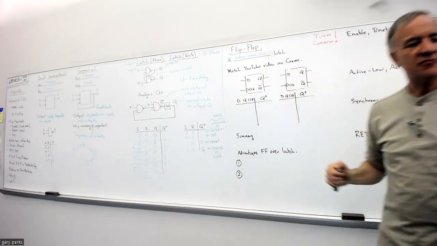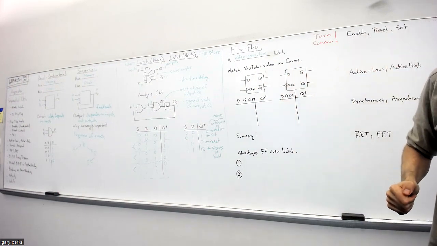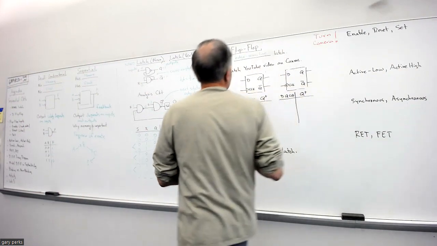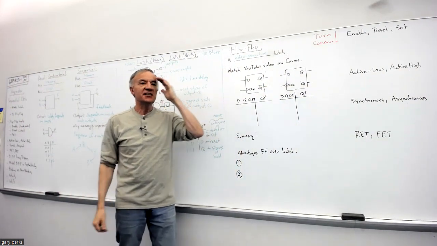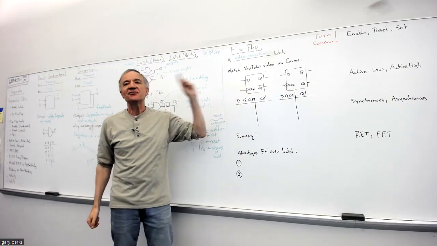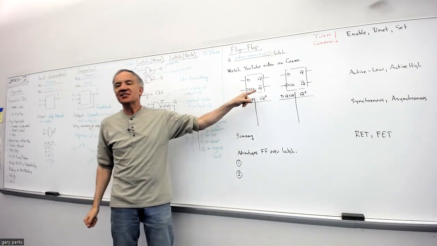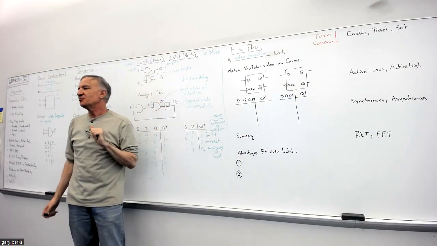All right. So notice I have 2 symbols up here. Each one of these is a D flip-flop, but there's a slight difference. You see what the difference is in the diagram? It's very subtle, but there's a difference.